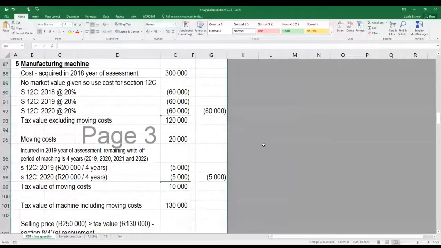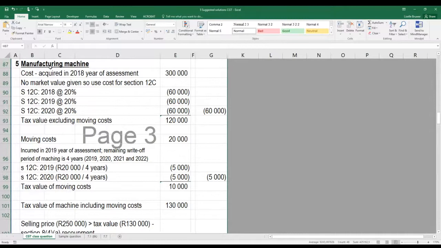Right. So the issue in this particular question lies with the moving costs, right? So firstly, you can't just jump into CGT, or capital gains tax, immediately. You firstly have to deal with any capital allowances and or recoupments.